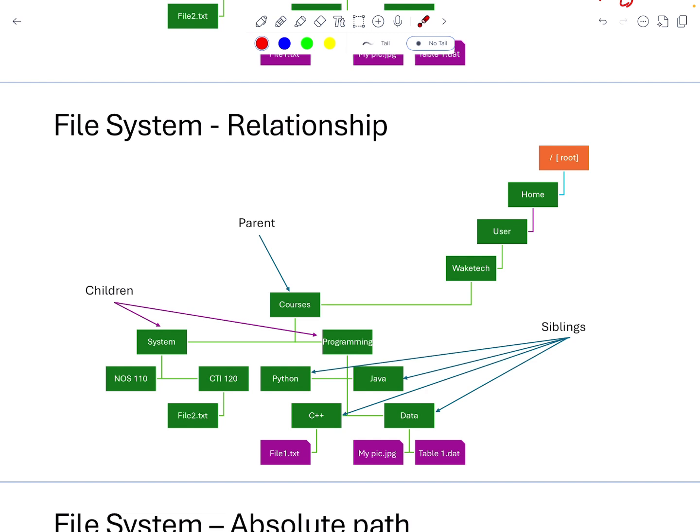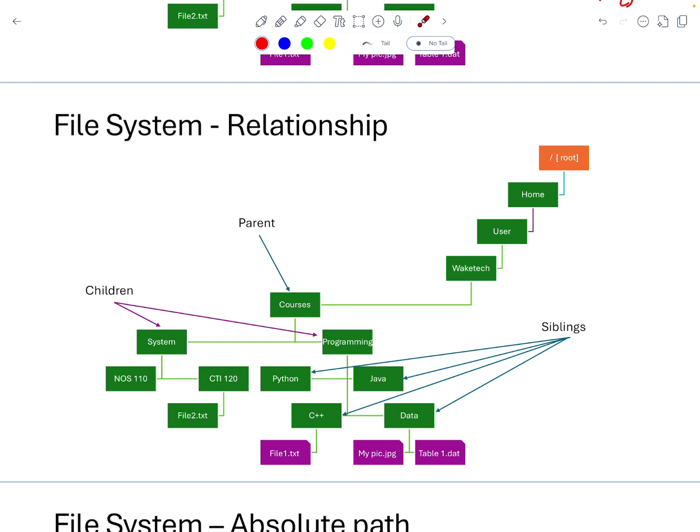Likewise, if folders are at the same level, that means they are siblings. I cannot show much in this diagram because of the space, but programming has 4 children: Python, Java, C++, and data.